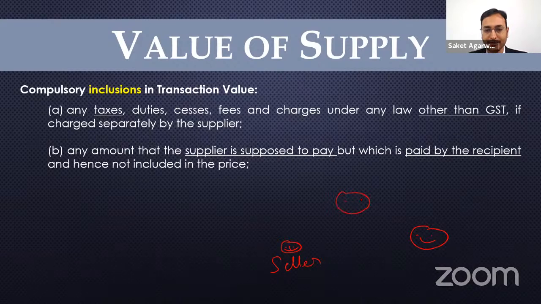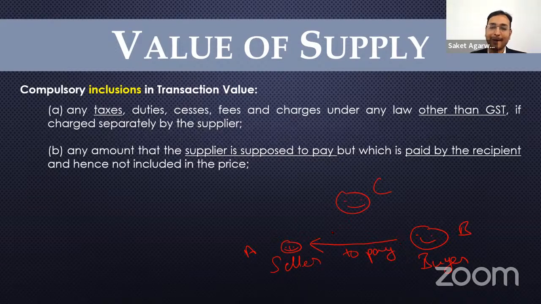And there is a third person or some other entity, C. B is supposed to pay the seller because he's buying something, right? Imagine a situation where the seller is in turn supposed to pay something to C.